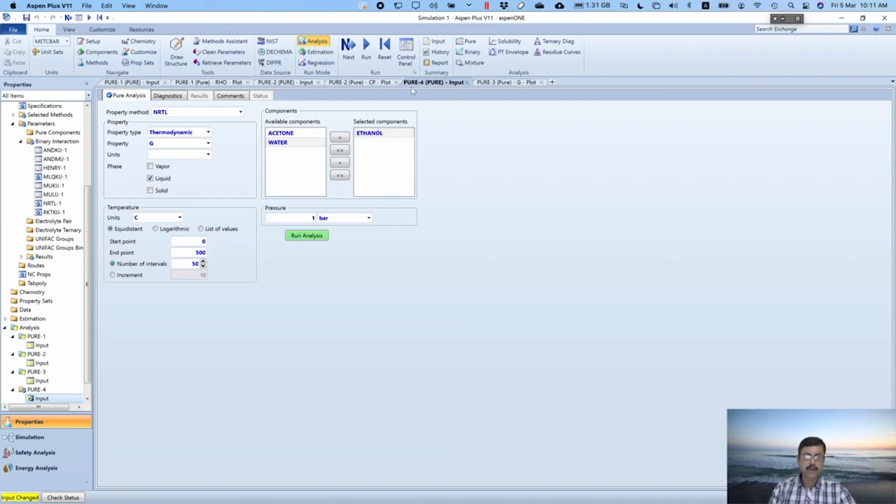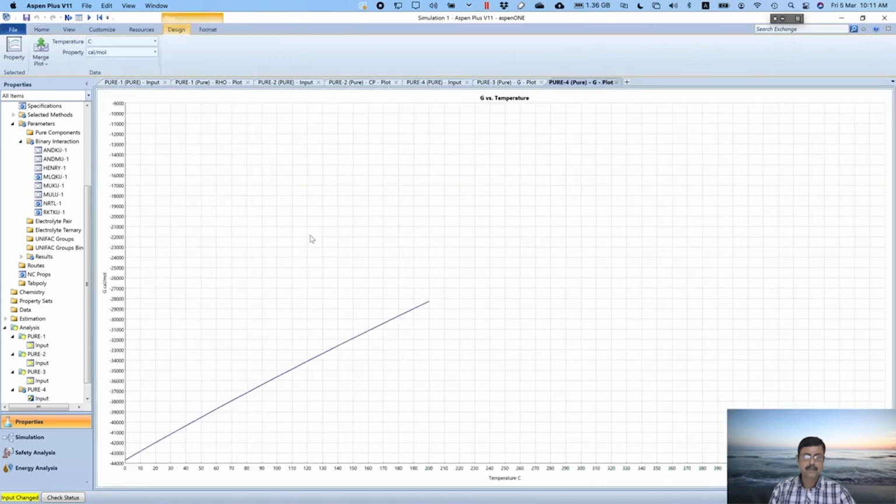So for pure 3 we have already taken for 20 bar and we run the analysis once again. So this is the plot.